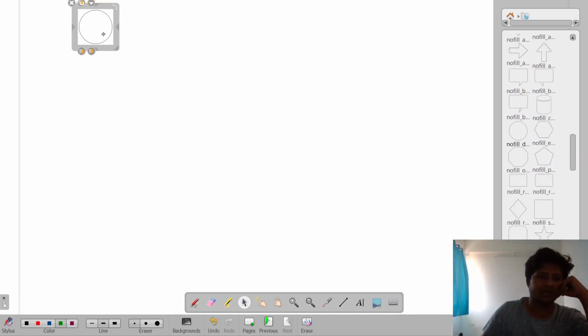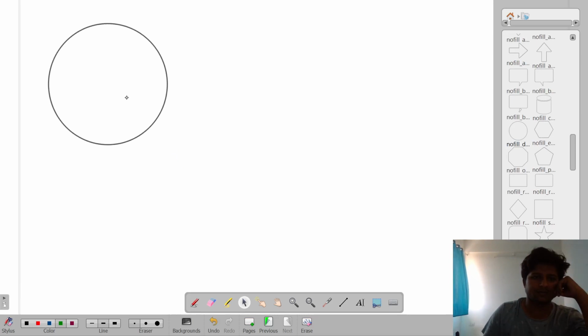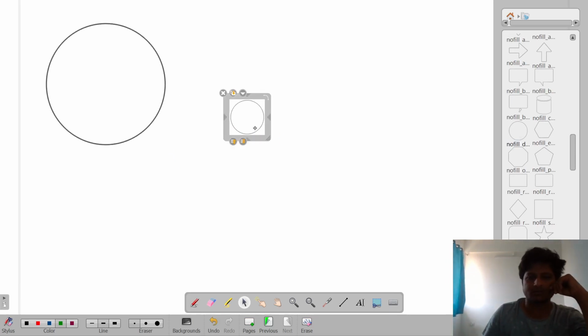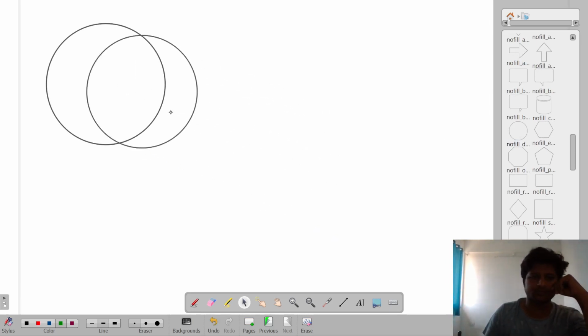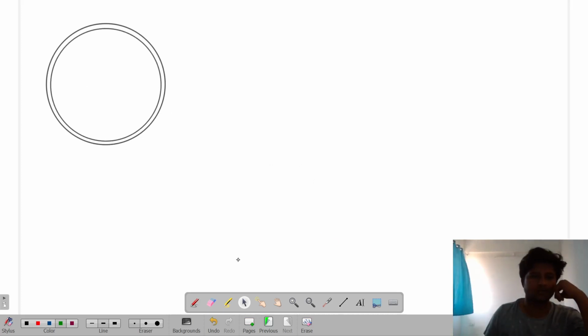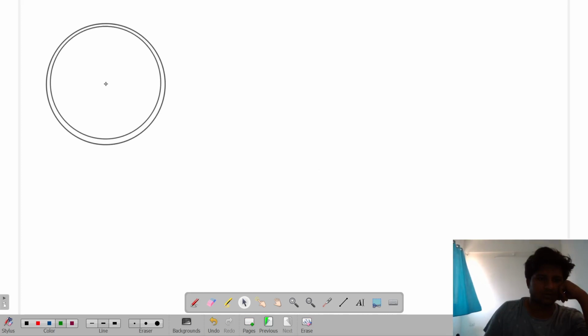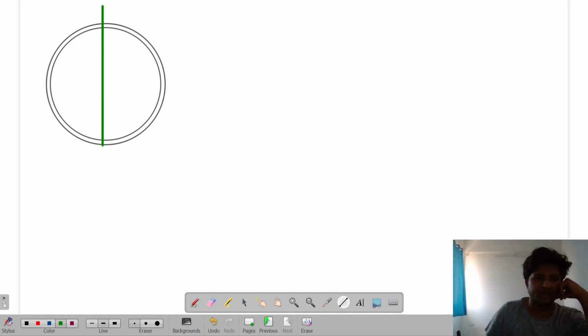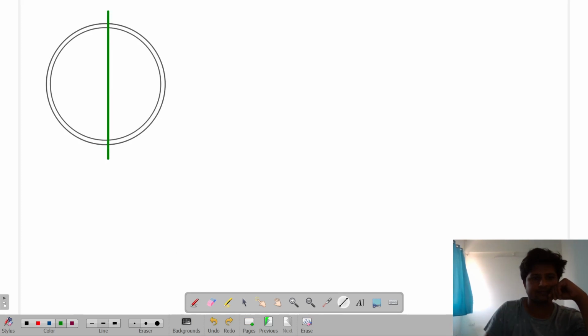Let's suppose I have a ring, and I divide this ring into two parts. Let's suppose the radius of the ring is r.